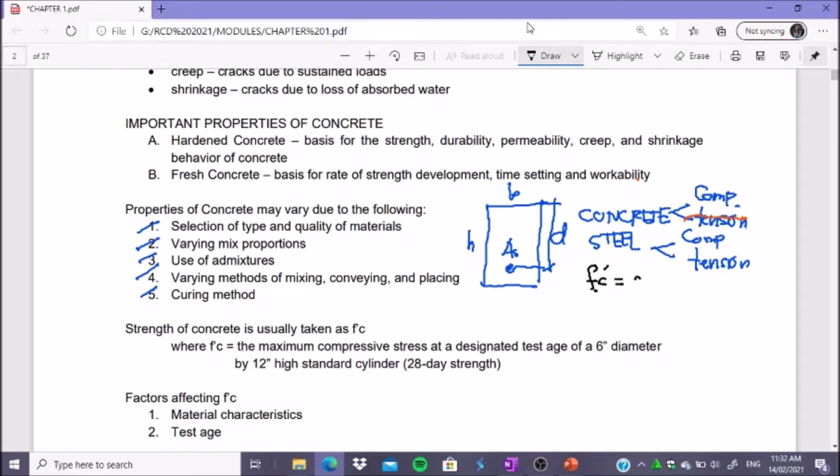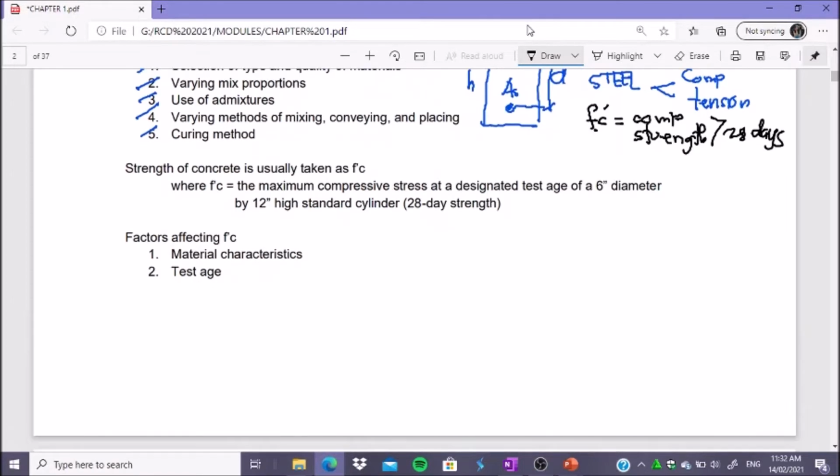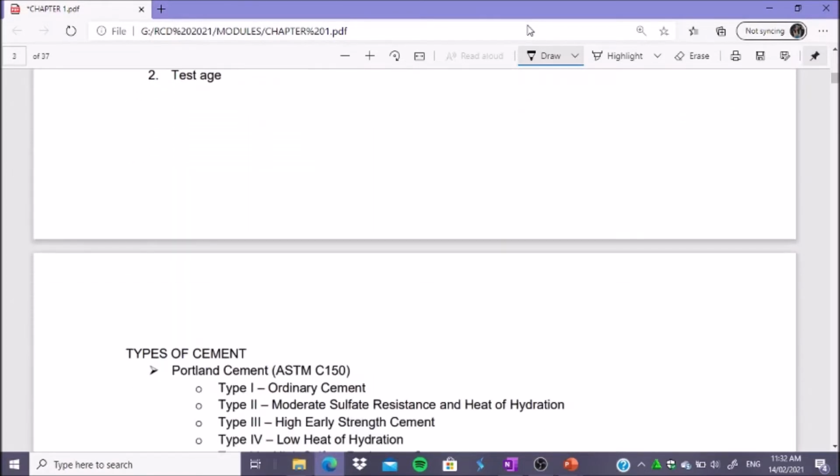The compressive strength of concrete is usually based on 28 days. So the factors affecting f'c will be the material characteristics, the stage, and of course, there are some other factors.